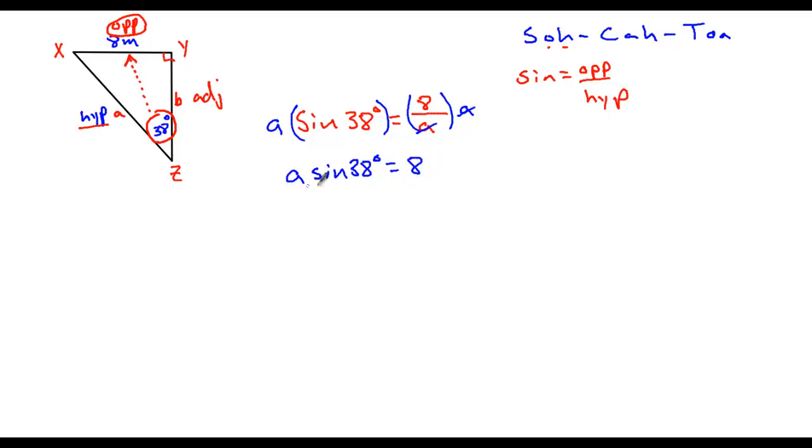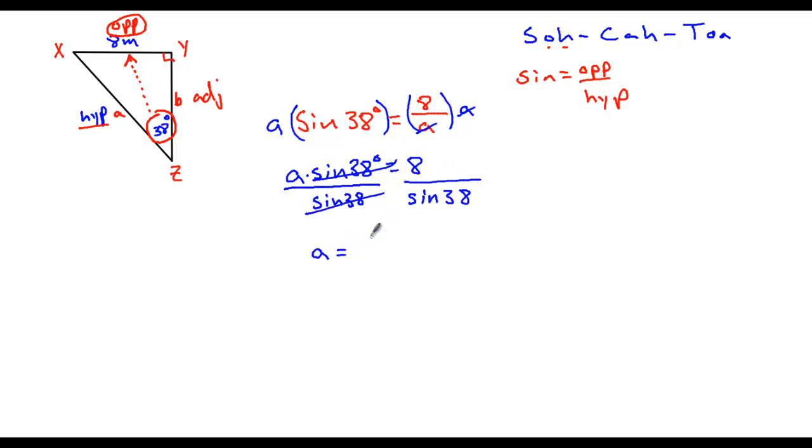Now before, this is where we just typed this in the calculator and got our answers, but we want the A by itself. And this literally says A times sine 38. Well, if it's a times, we're going to divide by sine 38 because that's how we get rid of things that are multiplied. On the left side, it looks weird, but it still just cancels out.